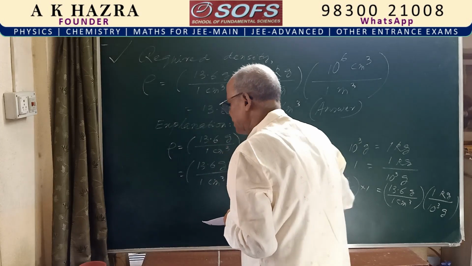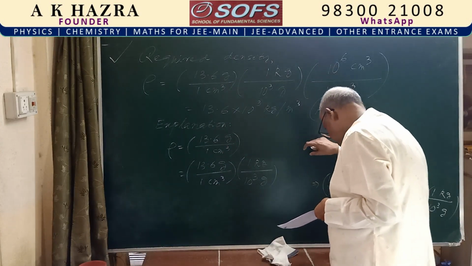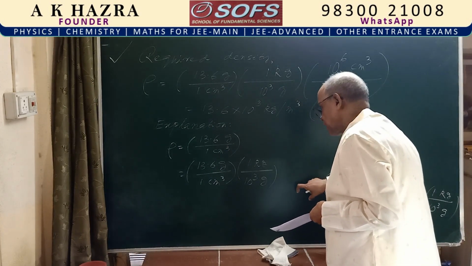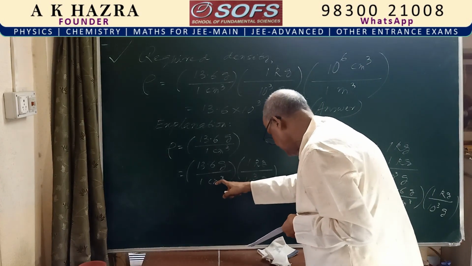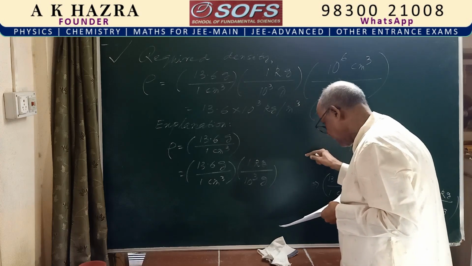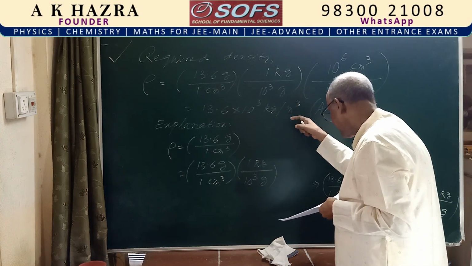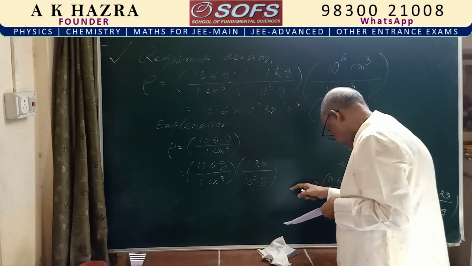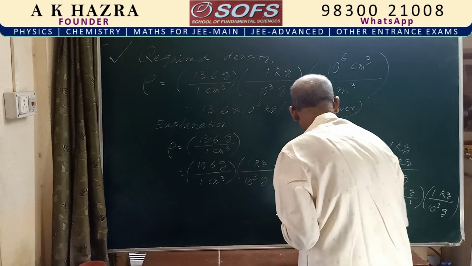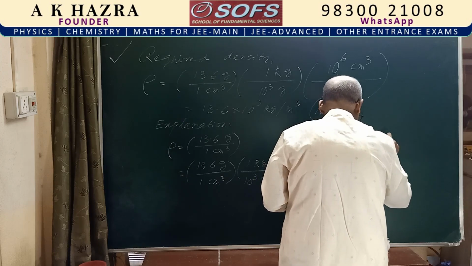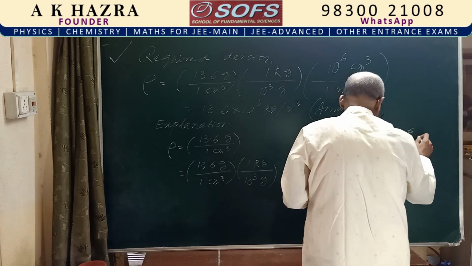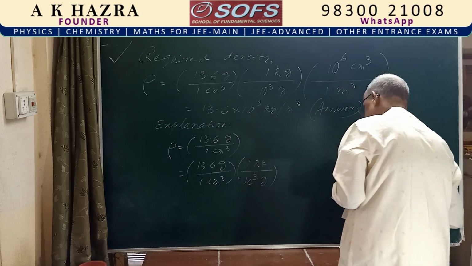Next, cubic centimeter must be cancelled out. We must have cubic centimeter per cubic meter so that we can have kg per cubic meter. So this is to be cancelled. So it will appear in the numerator, and we need cubic meter in the denominator. How? Let us see. Again, we know 1 cubic meter equals 10 to the power 6 cubic centimeter.